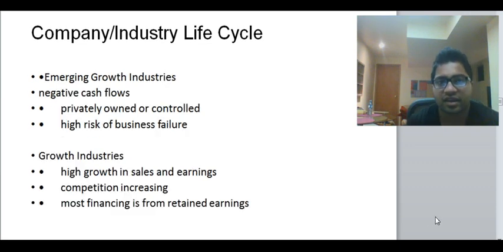So let's see. In emerging growth, these are new industries. There is some new technology, there is R&D happening. For example, self-driving car. Commercialization has just started, right? But there is a long way to go for a fully autonomous car. Companies that are researching new tech generally have negative cash flows.